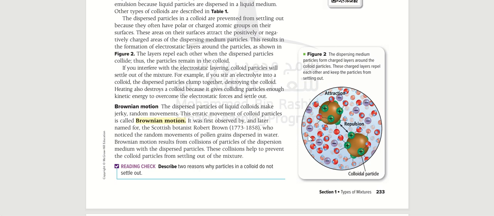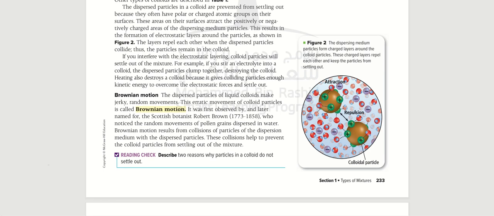Brownian motion means the particles keep moving randomly and dispersing in the dispersion media, keep colliding with the particles of the dispersion media, and keep moving and colliding. This also helps to prevent the settling out of the colloid.